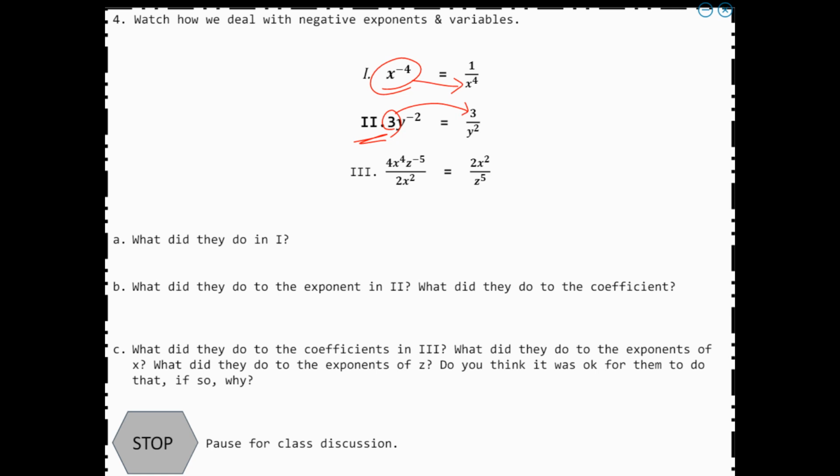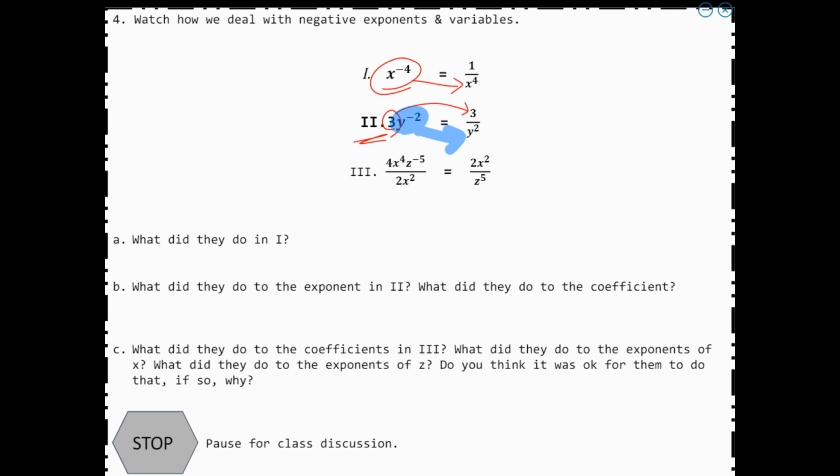Because it's the only coefficient there, right? Was it raised to the negative exponent? No. What's raised to the negative exponent? Only the y. So only the y gets moved to the bottom because it's the only thing that's affected by the negative exponent.